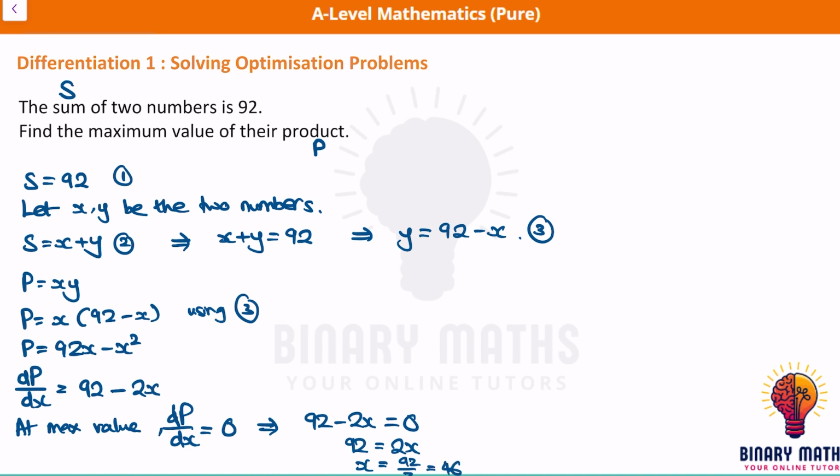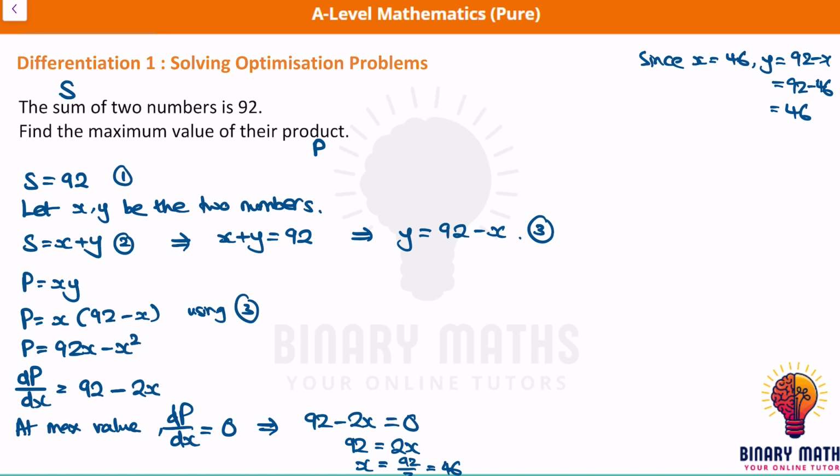Since X equals 46, Y is equal to 92 minus X, which is 92 minus 46, which is equal to 46.